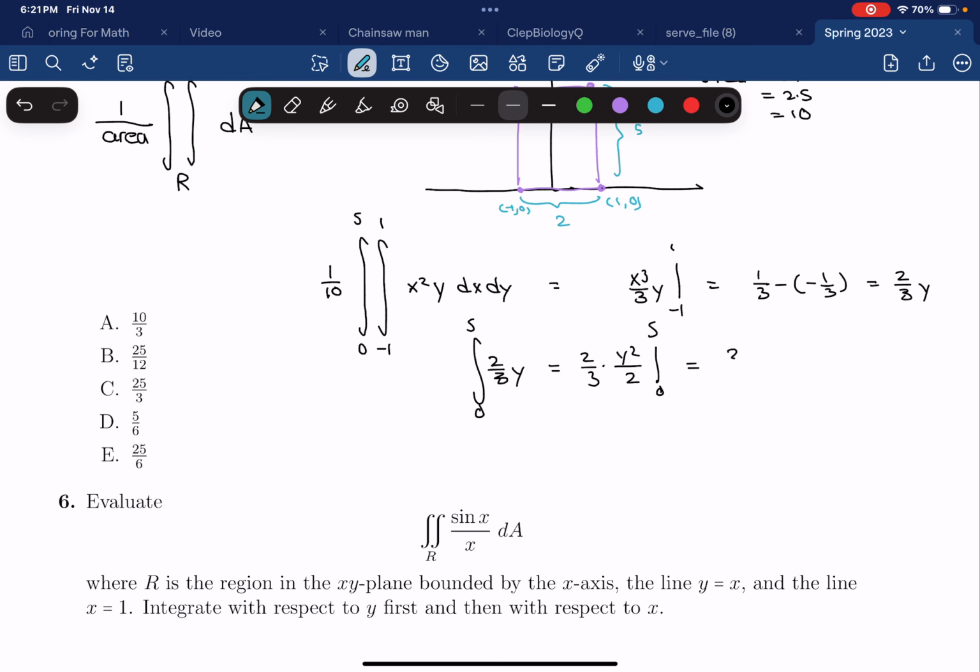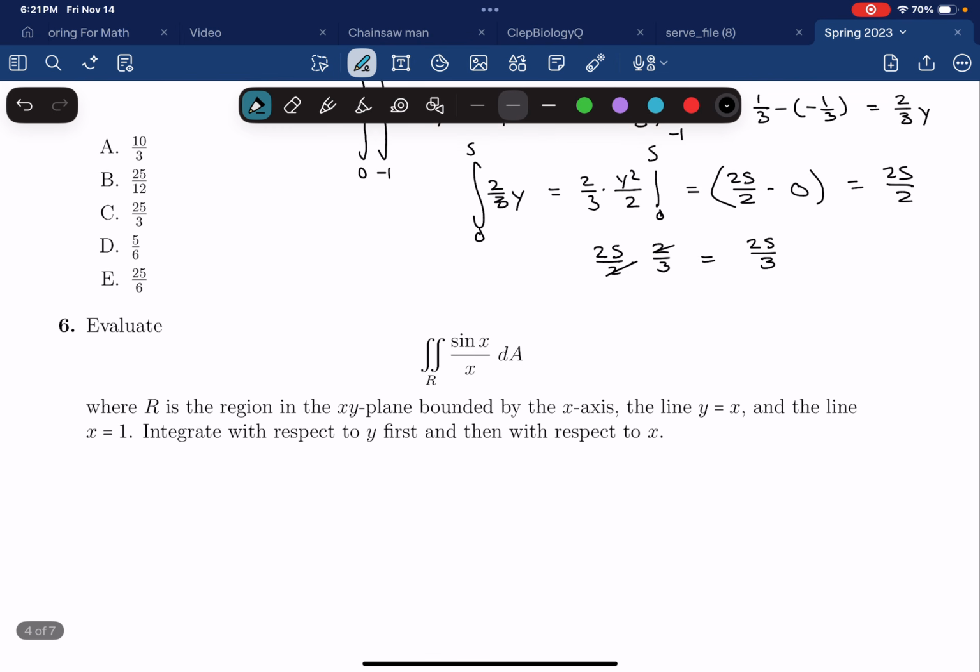So you get 25 over 2 minus 0, so just 25 over 2. 25 over 2 multiplied by 2 over 3 will get you 25 over 3.